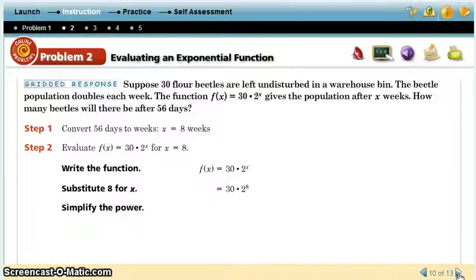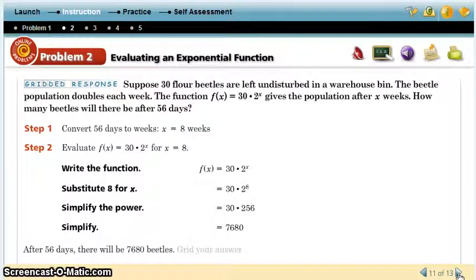Simplify the power. Now simplify. After 56 days, there will be 7,680 beetles.